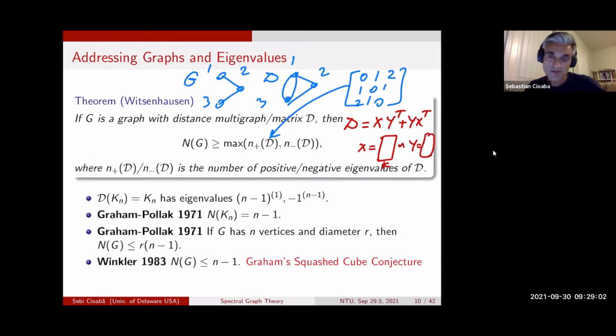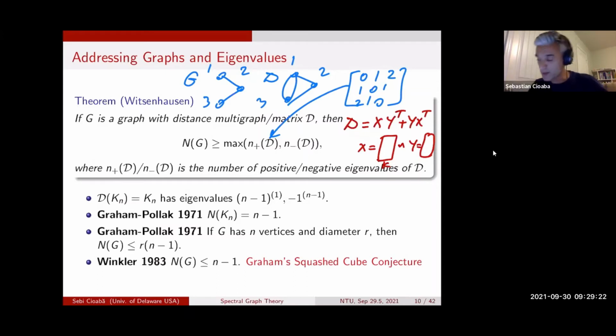And these are the characteristic vectors of the bicliques used in the previous decomposition. So I won't give you the details. You can find this in Babai and Frankl, Linear Algebra Methods in Combinatorics, and in Brouwer and Haemers' book on spectral graph theory and so on.